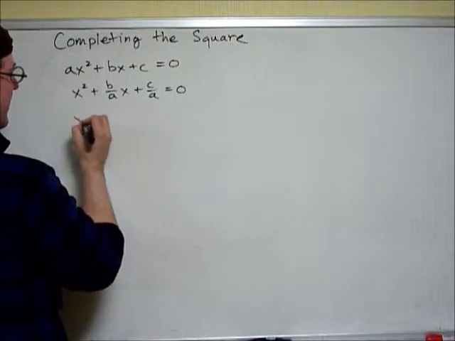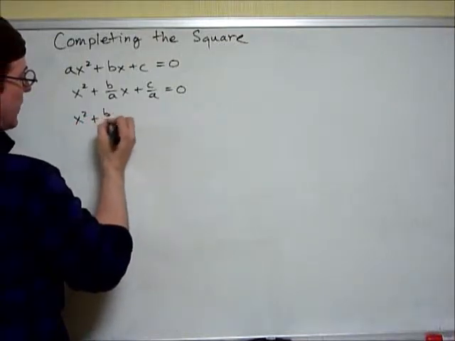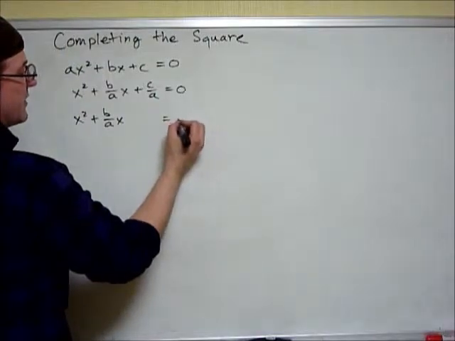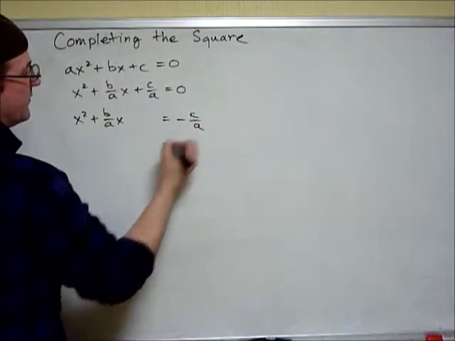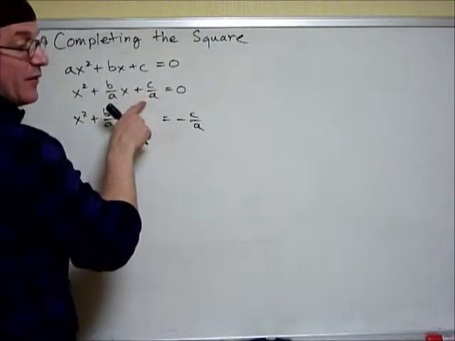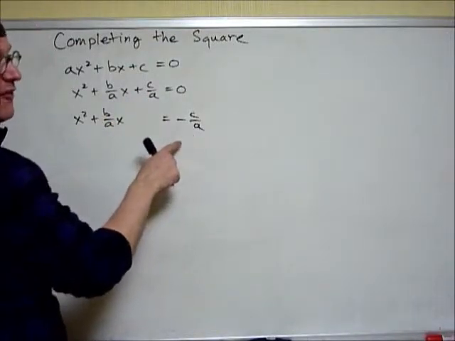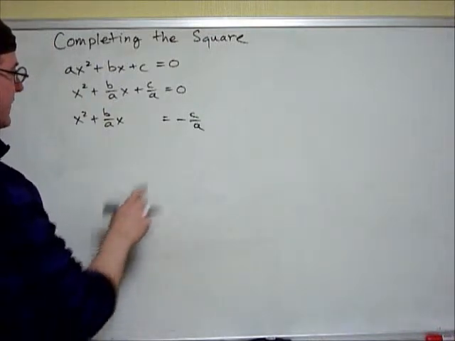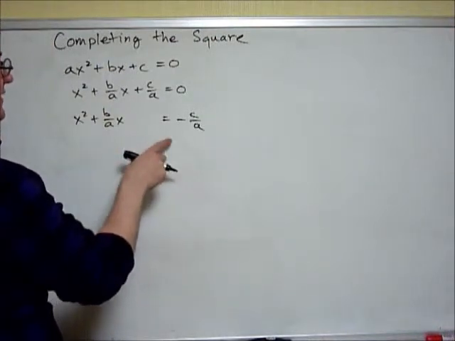Let's do that again. x squared plus b over a x, with a little space, equals negative c over a. And gosh, I hope that c over a was a negative number. Otherwise, we're going to have a problem when we get a square root later. We might not have any answers. But for now, let's not worry about that because this is general.